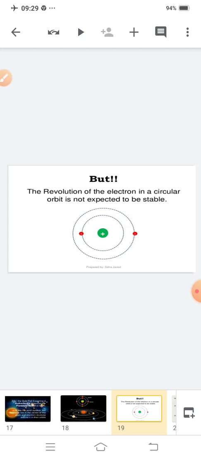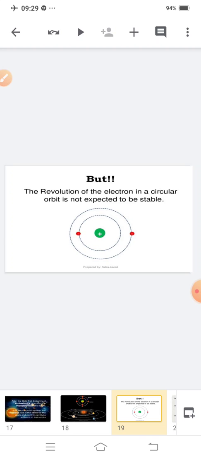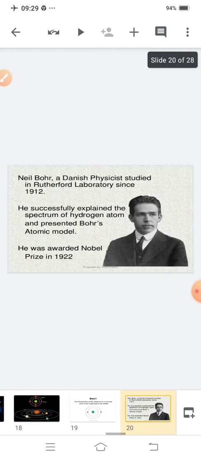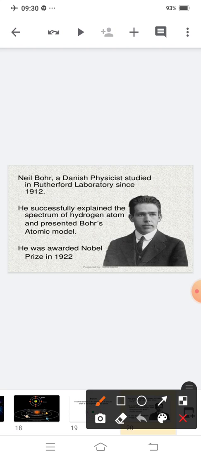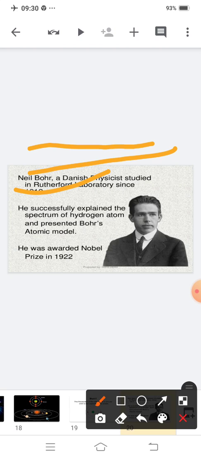So this problem was taken up by Niels Bohr. First, just go through the life, or the journey, of Niels Bohr, or understand who Niels Bohr is. Niels Bohr, a Danish physicist, studied in Rutherford's laboratory since 1912. He was a student of Rutherford.